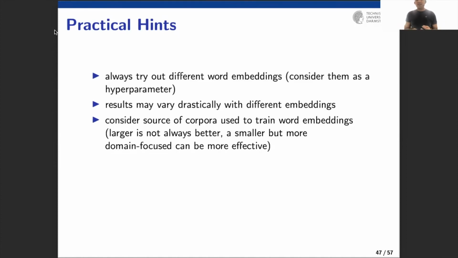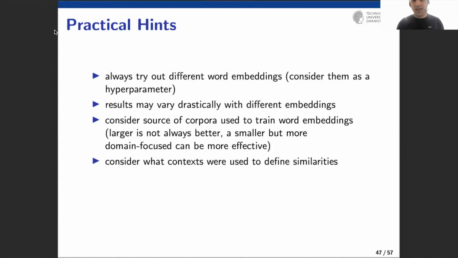You also need to consider the source of the corpora used to train word embeddings. Remember that larger is not always better. Sometimes, or most of the time, a smaller but more domain-focused word embedding can be more effective. You also need to consider what contexts were used to define similarities.